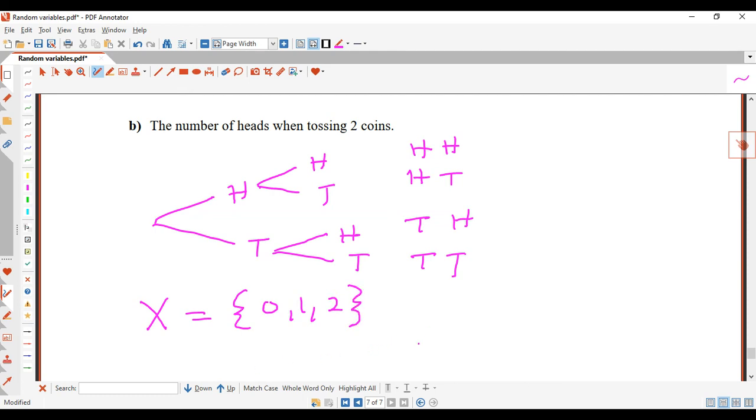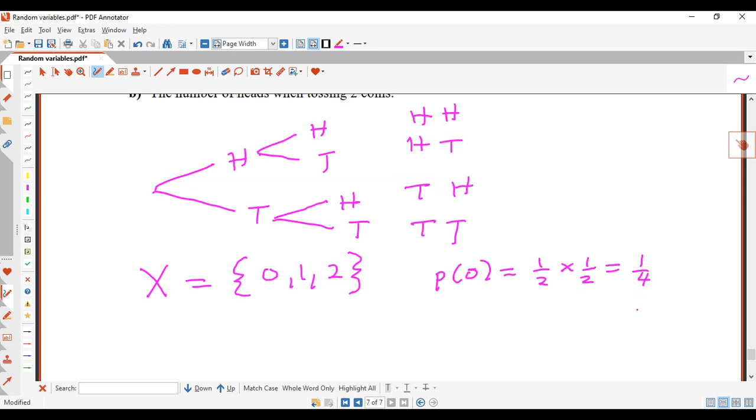Now, let's work out the probability of no heads, so little p of 0. Well, it's not getting any heads, I'm getting 2 tails. That's a half times a half, isn't it? Which is a quarter. Now, what about the probability of 1 head, p of 1? That means I'm either getting heads, tails, or tails, heads.